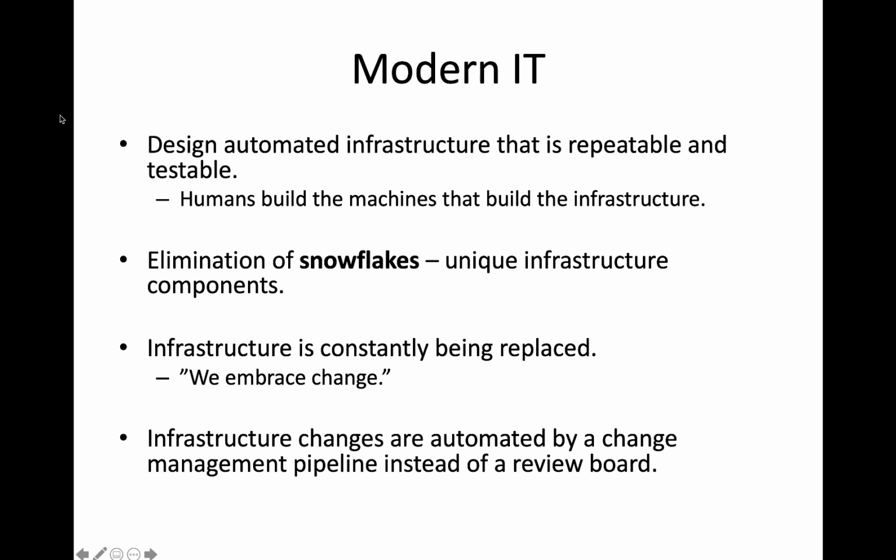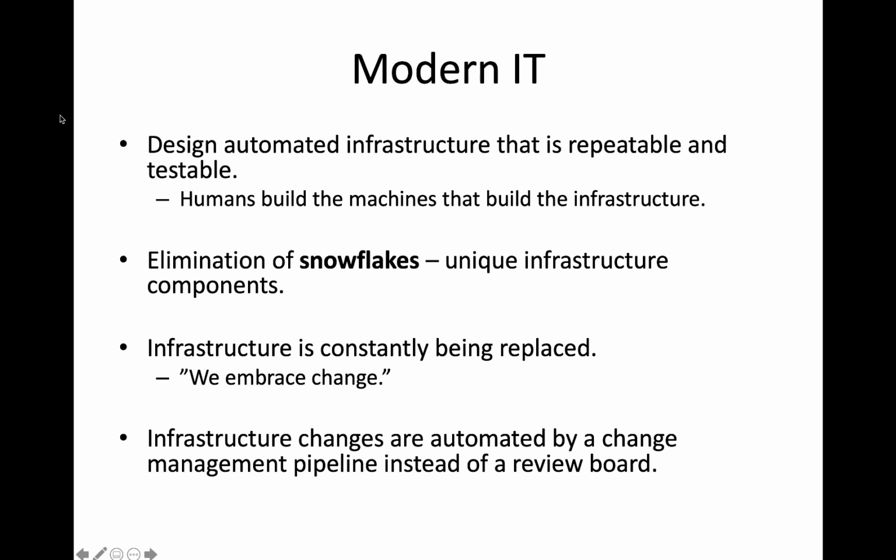Snowflakes are those unique infrastructure components, and most every organization has some of these. The snowflake is that server that's sitting over there in a closet somewhere that nobody wants to touch. It was built by a contractor 6 years ago who is long gone, and there's no documentation.